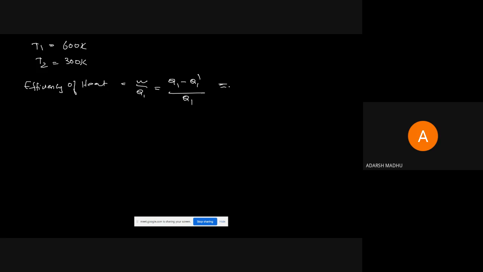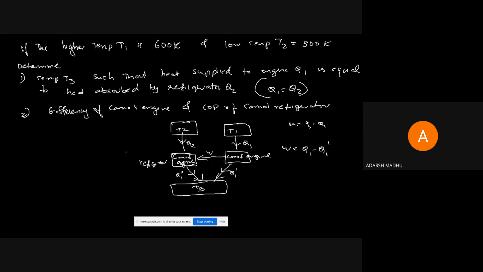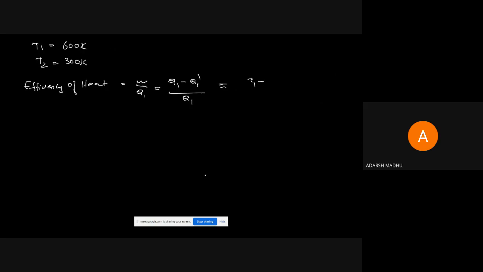Also we can write by using temperature. According to absolute temperature scale, we can write it as T1 minus T3 by T1. W by Q1 equals T1 minus T3 by T1.